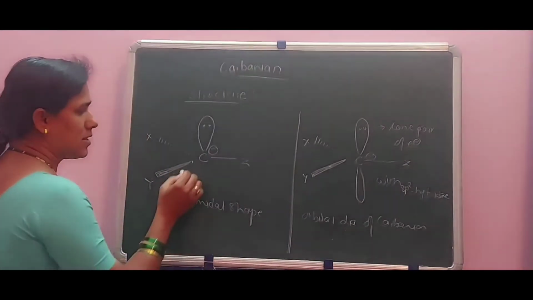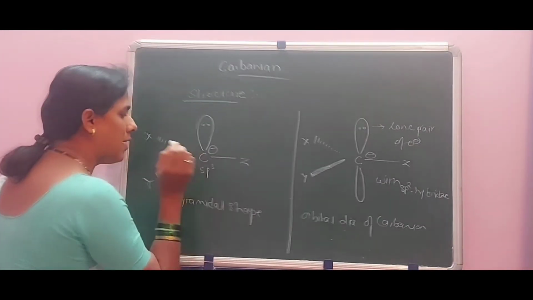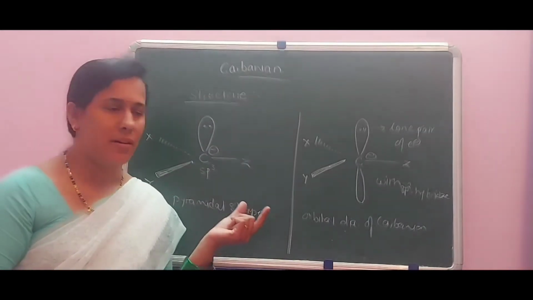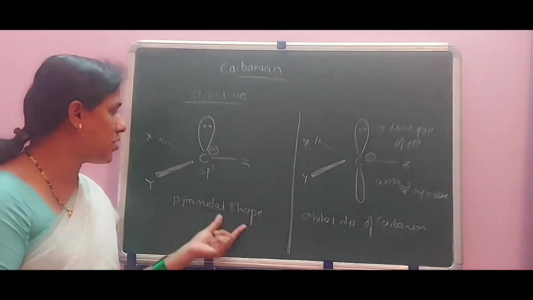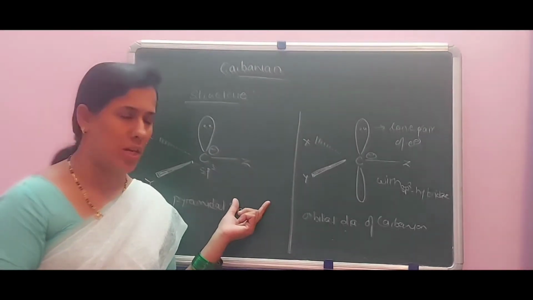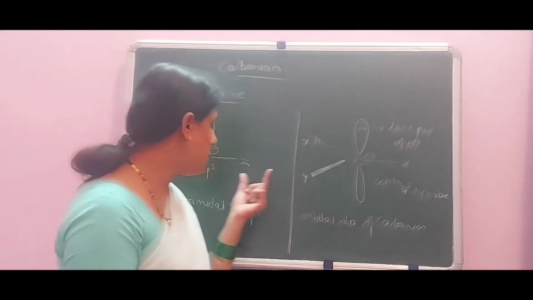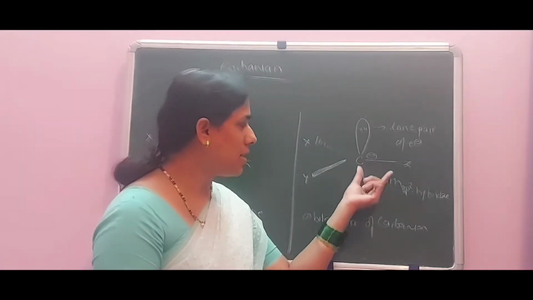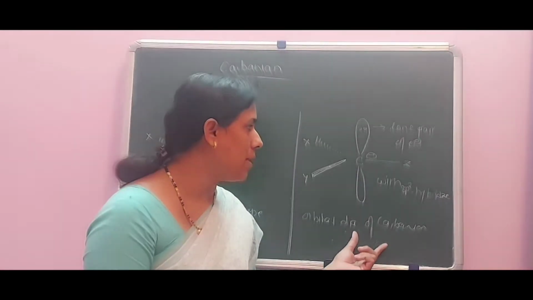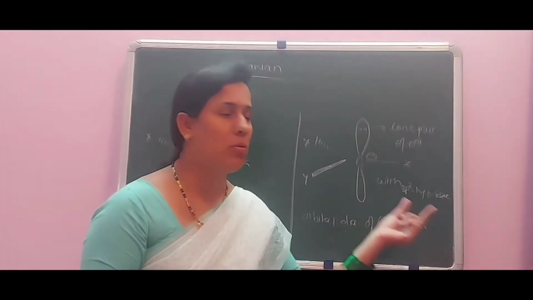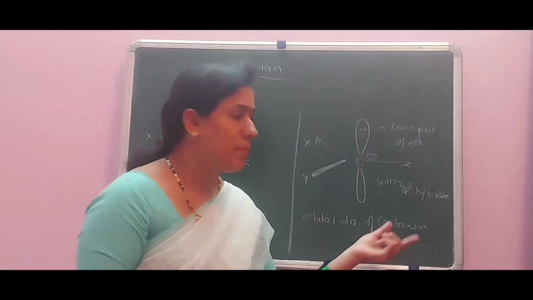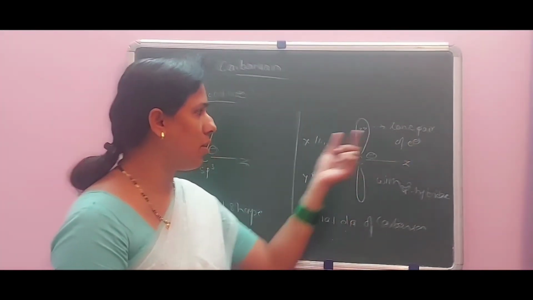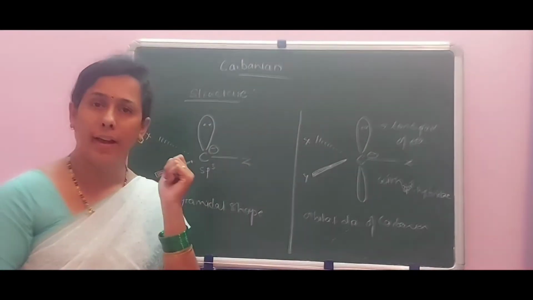The carbon atom is sp3 hybridized. In simple form, carbanions exist as a pyramidal shape with an sp3 hybridized state. But when it is resonance stabilized, the structure of this carbanion has an sp2 hybridized carbon atom with one lone pair of electrons.